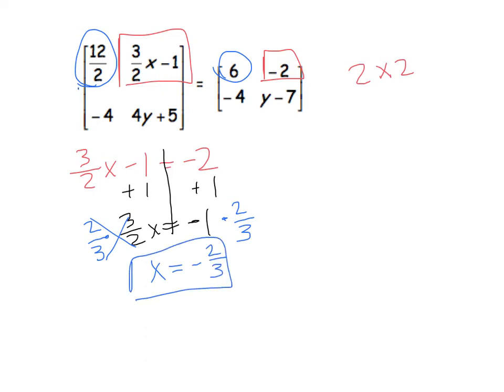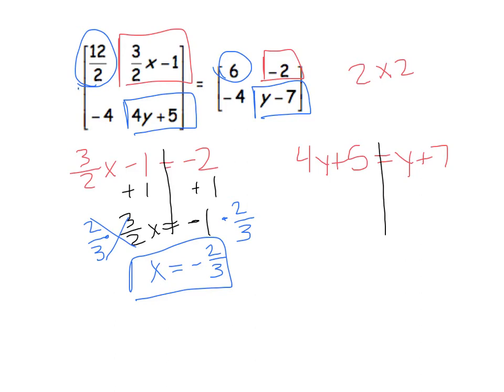We can use the same process to identify y. So here I see 4y plus 5 is in the 2, 2 entry, and I see that y plus 7 is in the 2, 2 entry. Since these are equivalent matrices, I can say that 4y plus 5 equals y plus 7, and now it's just a matter of solving.